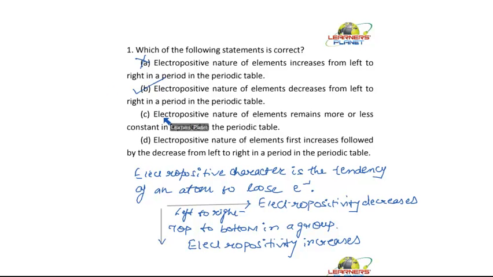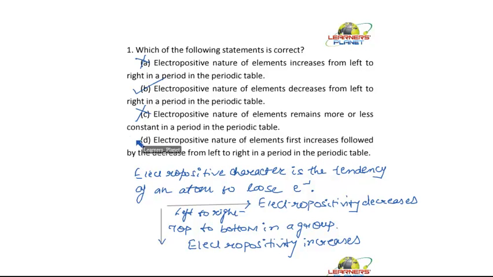What is the next option given here? Electropositive nature of elements remains more or less constant in a period in the periodic table. Is it? Does it remain constant? No. So this option is also wrong. Now the next option here is, electropositive nature of elements first increases, followed by a decrease from left to right in a period in the periodic table.